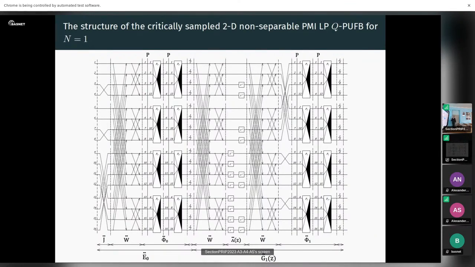Here we see, for easier description, a picture for the 4-channel filter bank, which receives on input a little 4x4 image.